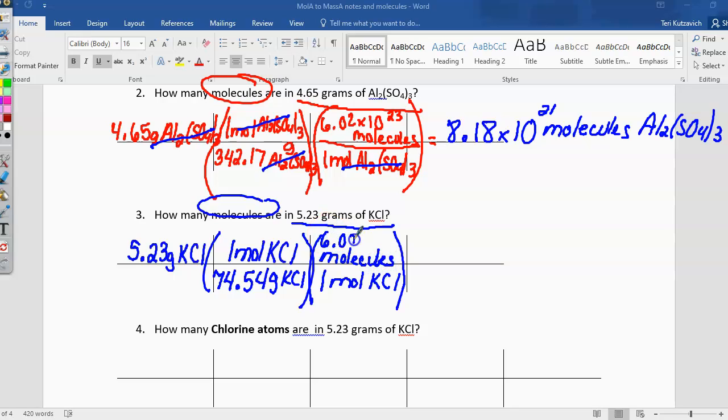And it's 6.02 times 10 to the 23rd molecules. Let's see if our units cancel: your grams cancel, your moles cancel, and you are left with 4.22 times 10 to the 22nd molecules of KCl.